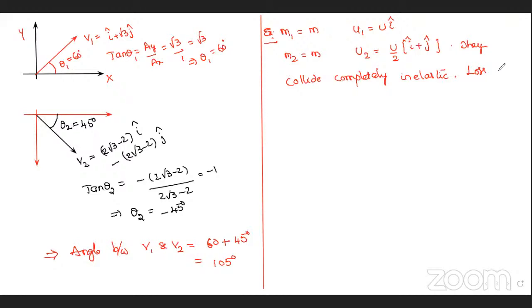Then the loss of energy, means kinetic energy. Loss of kinetic energy in the process is, keep in mind, kinetic energy. Do you know the kinetic energy formula, Nana? Half mv square.